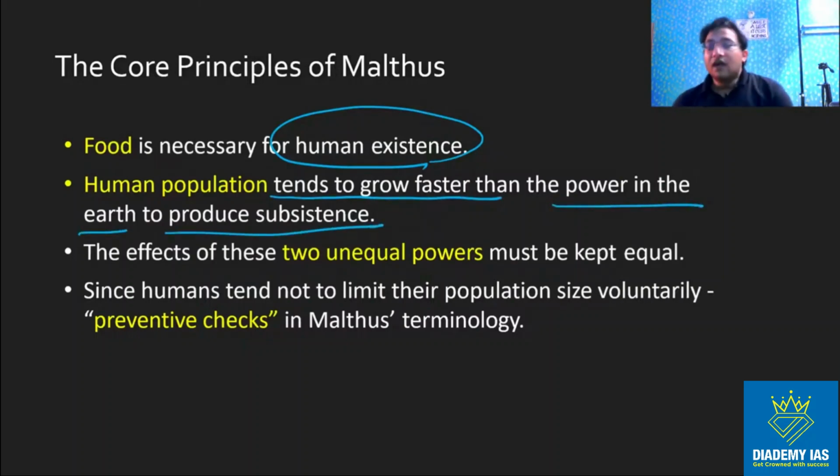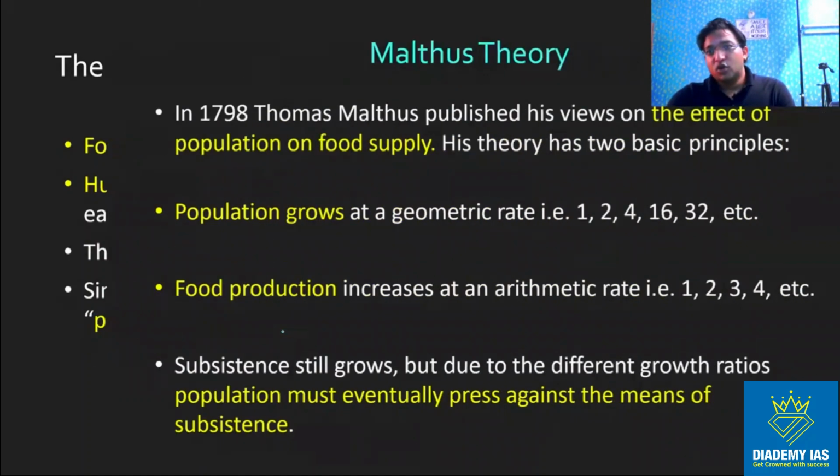So the earth's power to produce food is less than the human's power to produce children. And because of these two unequal powers, there is population explosion. Okay? And to control this population explosion, we should adopt the preventive checks. Okay? So let us see in detail.